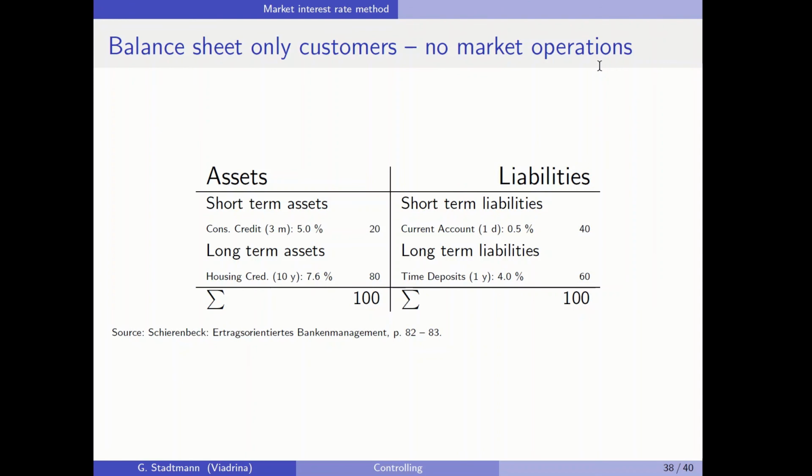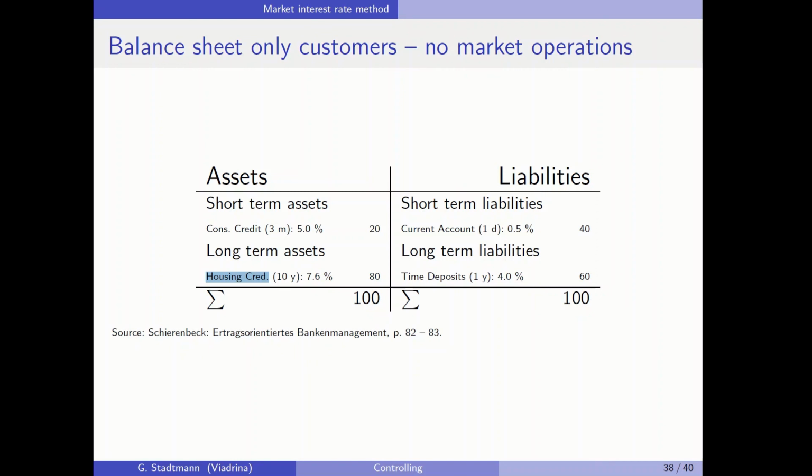So we are looking here at a bank which is financing its operation in the following way. It has some private customers. It offers current accounts. It offers time deposits, and then the bank is giving consumer credits or housing credits.